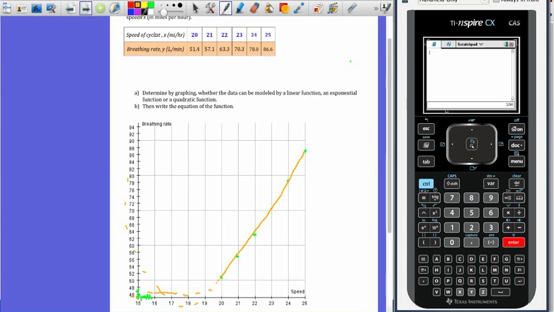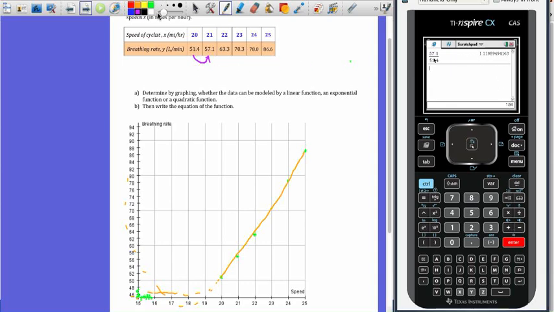Okay, so what we could do is start off by determining if we in fact have a common ratio. We're going to pick 57.1, divide by the previous term, and that will give us the ratio. So we'll go over here to the calculator, 57.1, and we are dividing by 51.4, and what we get is a value of 1.11.